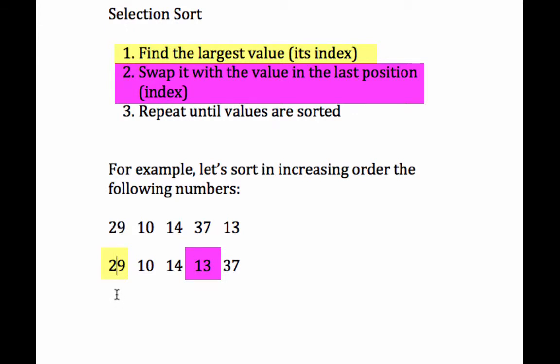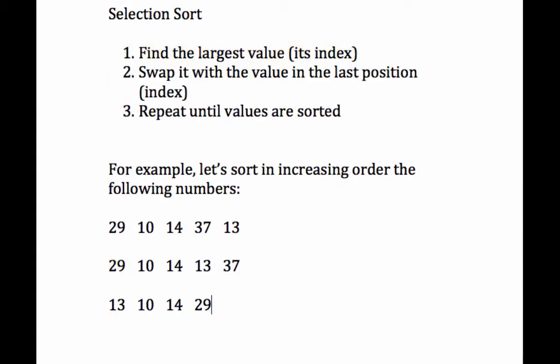That will give me 13, because I'm swapping that with 29. 10 and 14 do not change position, and now I put 29 because I swapped that with 13. And obviously, from the previous iteration, I have 37. Again, after applying the steps, I now have 2 numbers in the correct position.